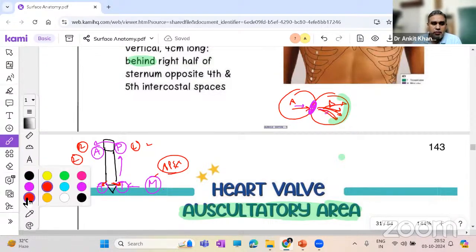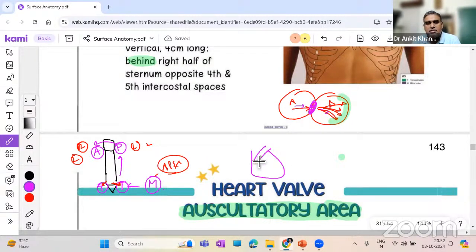Therefore, imagine the heart: the pulmonary trunk comes out like this, then it divides into the right and left side. That is a different point. But when it comes out like this, the blood is going above, not coming down. So we hear it on the left side, second costal cartilage, for the pulmonary valve auscultatory area.